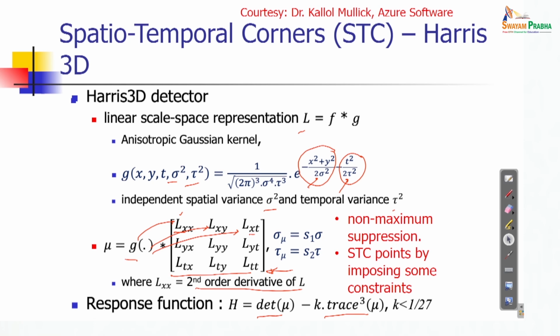That is non-maximum suppression, by which these interest points are computed, and there are certain other constraints. You note again the k value, which is suggested to be less than 1 by 27.